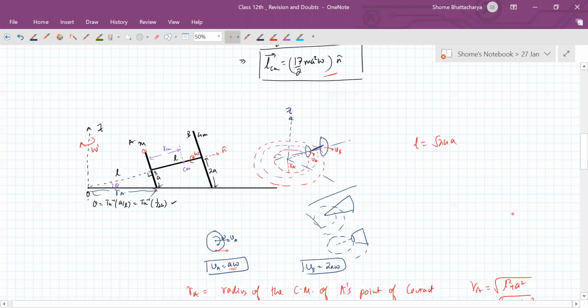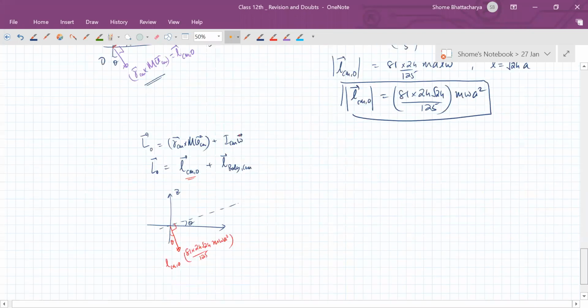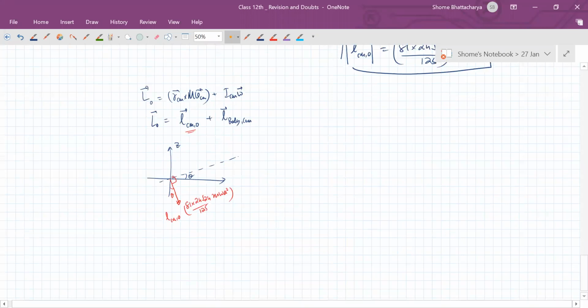So 17 by 2 ma square along this vector. So this is the angular momentum of the body about its center of mass, which is 17 by 2 m omega a square in magnitude. So the net angular momentum is the vector sum of these two things.